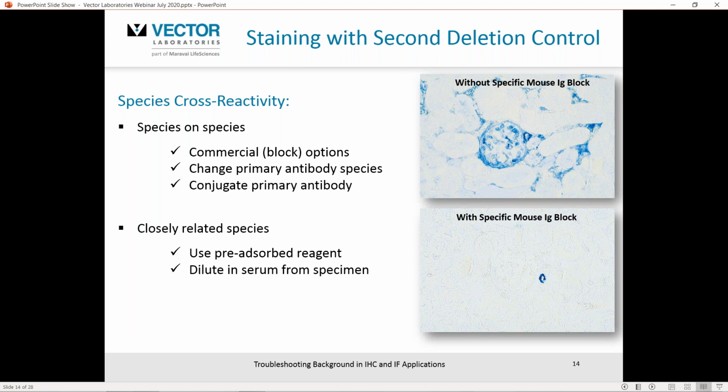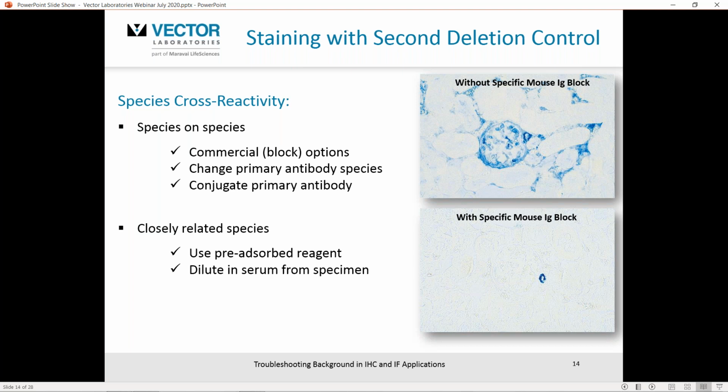Now, what we have also encountered is closely related species, whereby investigators might be applying a mouse primary on rat tissue, and they're using an anti-mouse secondary antibody that has a certain degree of cross-reactivity with the rat IgG. In these instances, the recommendation would be to use a pre-absorbed reagent, for example, anti-mouse rat-adsorbed secondary antibody.